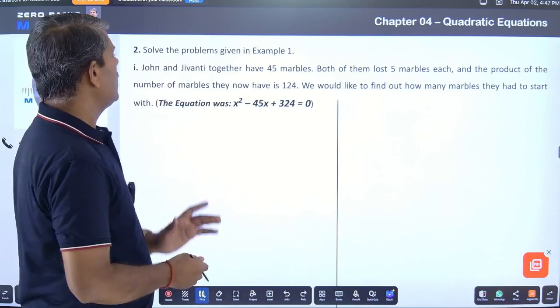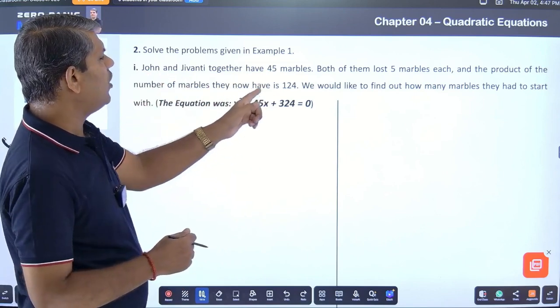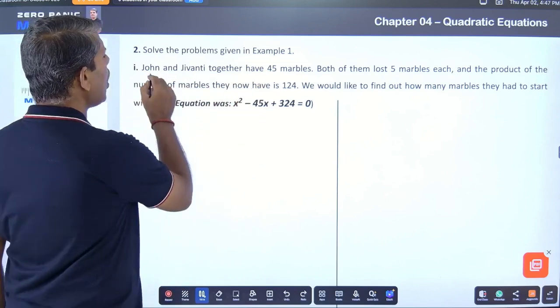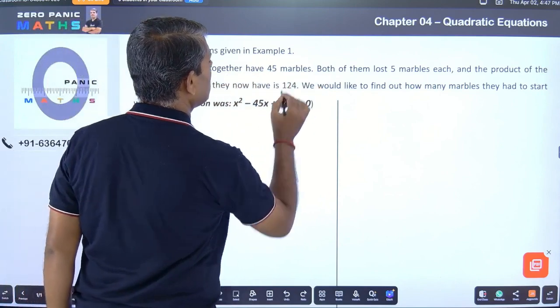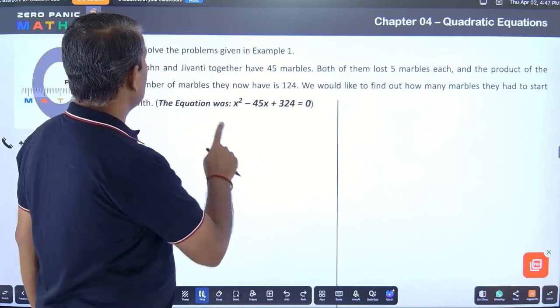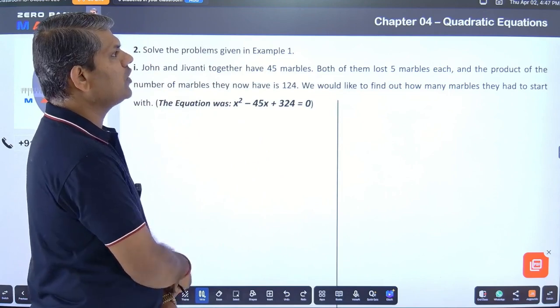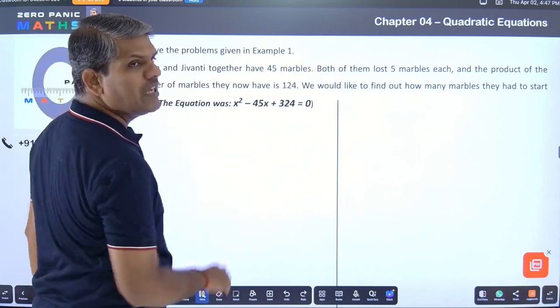In that session we saw a problem: John and Jivanti together have 45 marbles. You remember this? It was in the introduction video and the example problems on chapter 4.